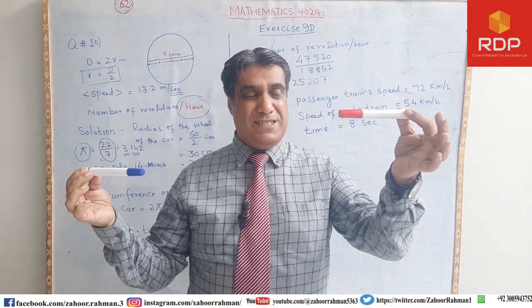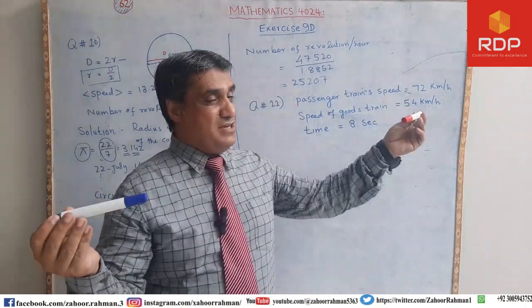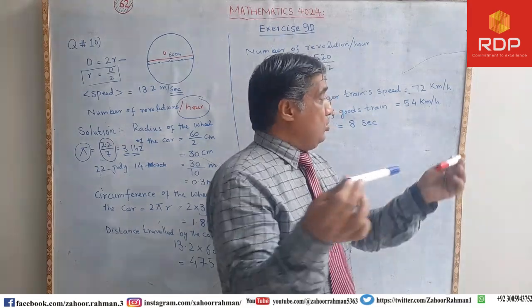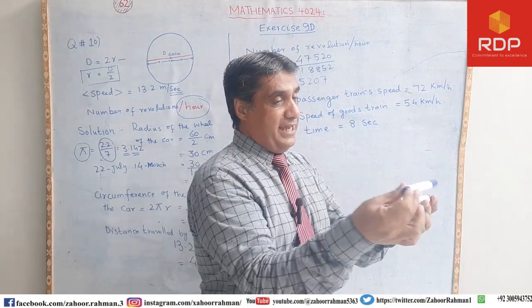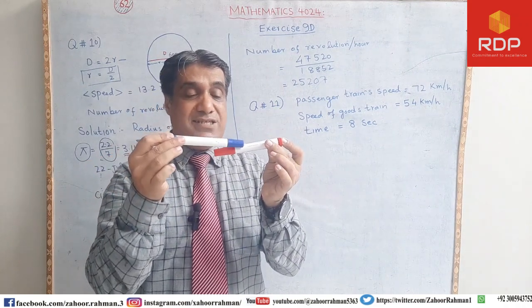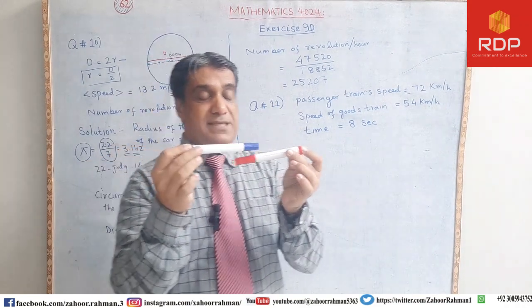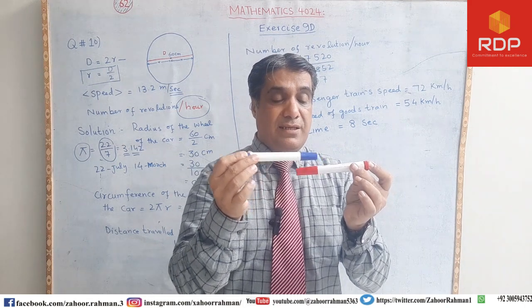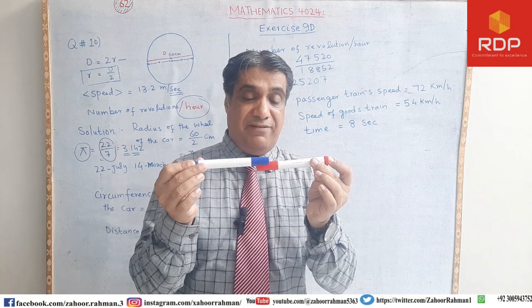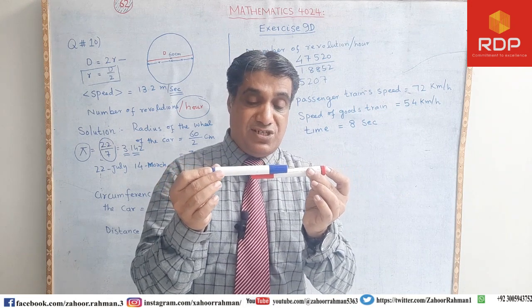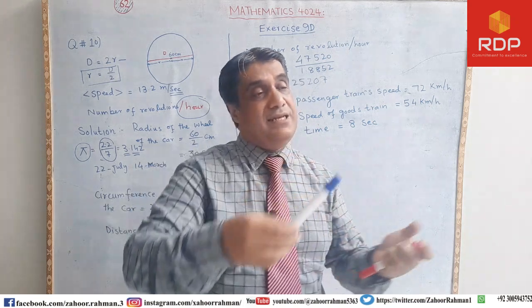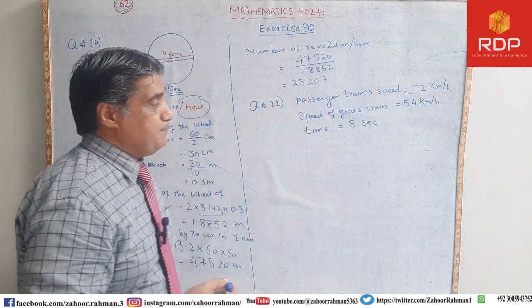Consider this is one passenger train and that is coming with 72, and that one is a bit slow. So one is coming faster and one is coming slow. When there is a passenger in the passenger train, and he is having a stopwatch, when he started, the train passes him in 8 seconds.